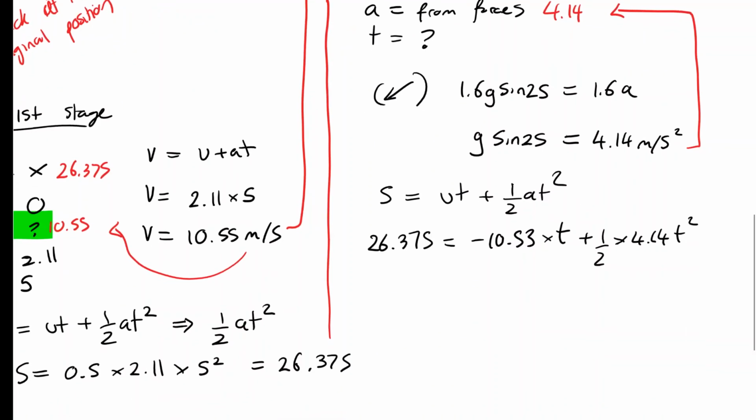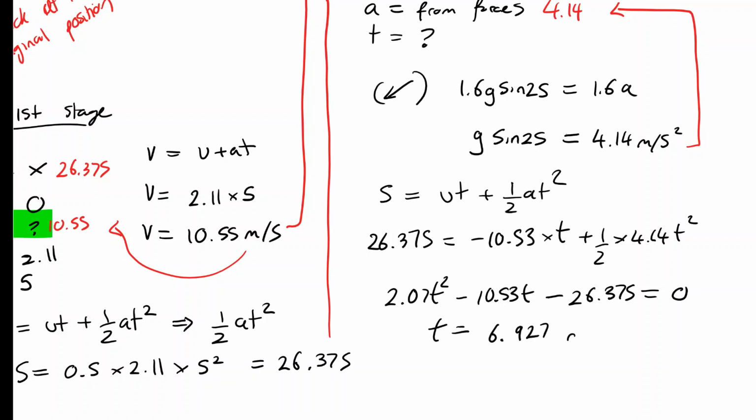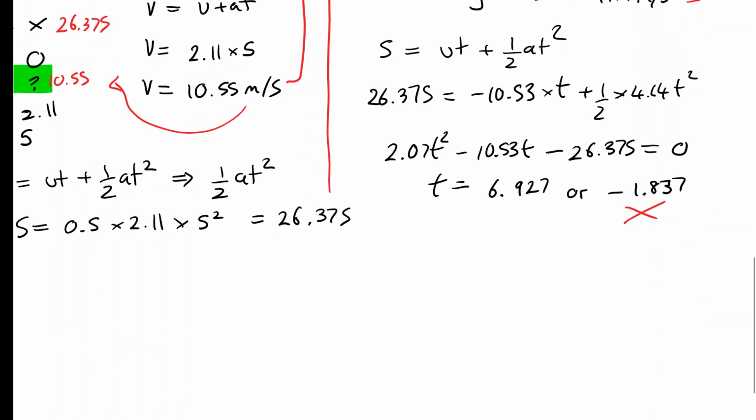So we have a quadratic, set that equal to 0, 2.07 t squared minus 10.53 t minus 26.375 is equal to 0. So we'll get 2 values for t. T is equal to either 6.927 or minus 1.837. We know that the negative value is just not sensible. You can show it has some meaning, but it's not sensible for what we're doing here.